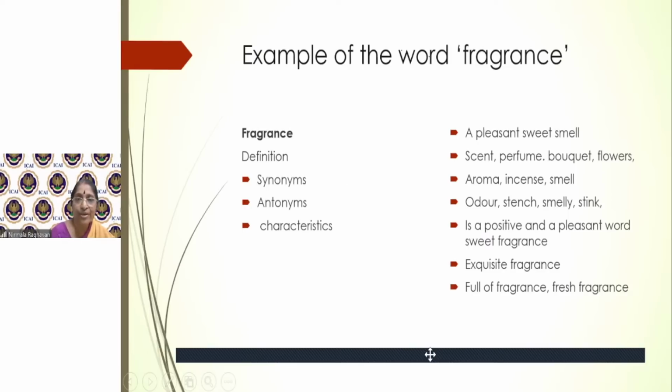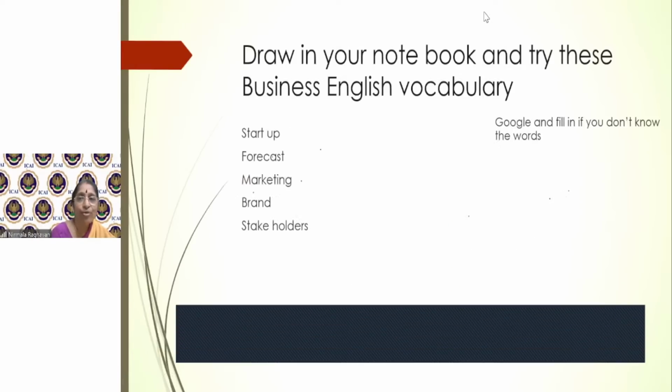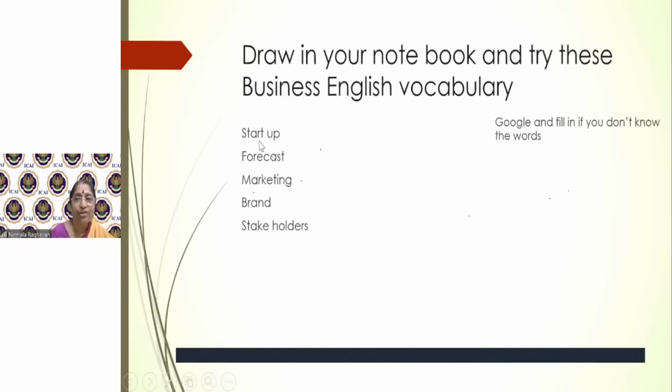So now what you are going to do is draw in your notebook the Frayer model and try these. Choose one and put it in the Frayer model so that I understand that you know what it is. Take up one of these: startup, forecast, marketing, brand, stakeholders.